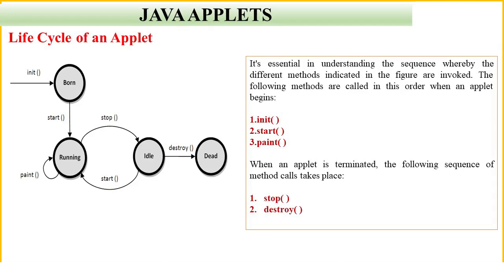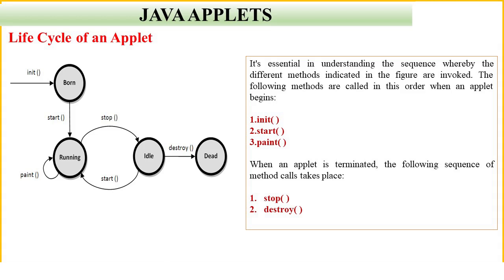Then, the life cycle of an applet. It is essential in understanding the sequence in which different methods indicated in the figure are invoked. The following methods are called in this order when an applet begins. In this life cycle, you have born, running, idle, dead. When you want to be born, the init method is called.